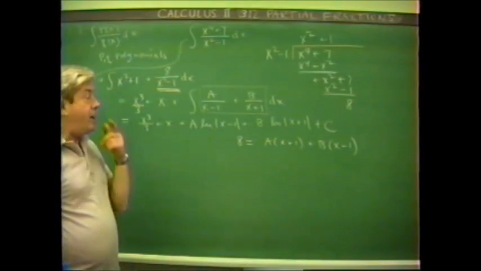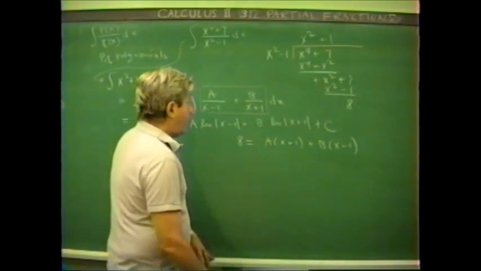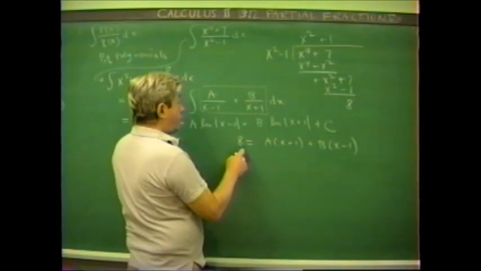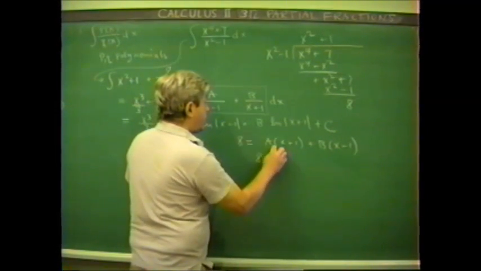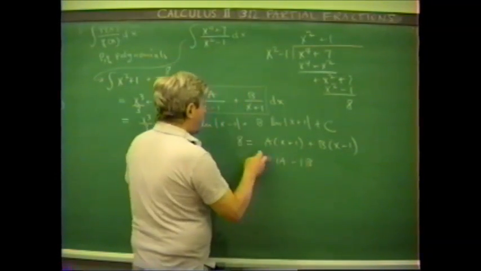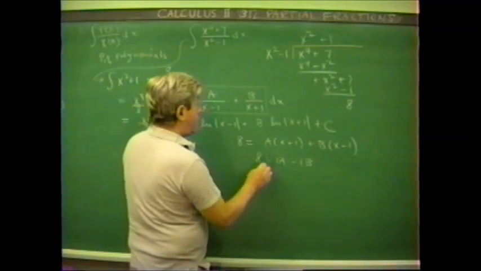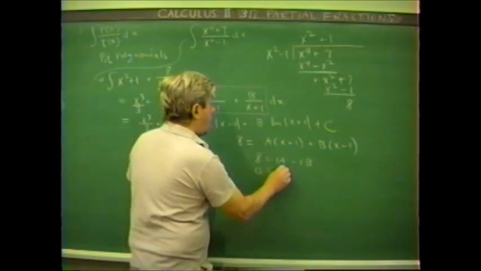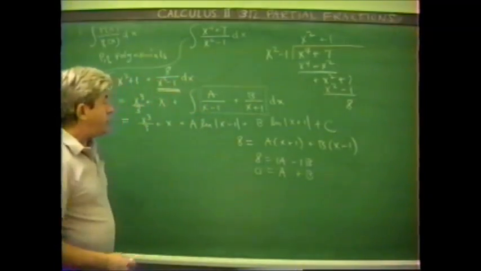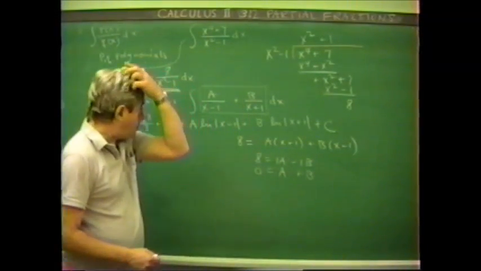Now the way to do this is to solve for a and b by equating the constant coefficients, so that 8 is equal to 1a minus 1b, and the x coefficients. On this side there's none, so 0 is equal to a plus b. If we solve these two equations in two unknowns, we can find out what a and b are.